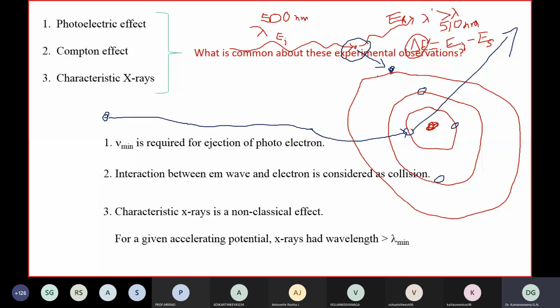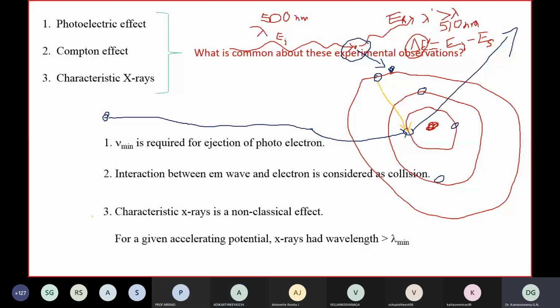When this is empty, an electron from the outer orbital de-excites here.